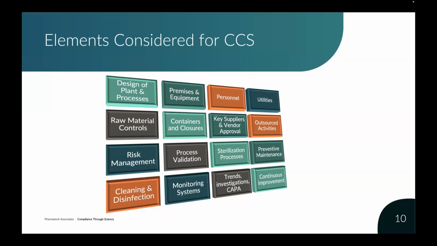Containers and closures. Key supplier and vendor approvals are very important. Do you have quality agreements in place with these particular suppliers? Outsourced activities such as sterilization: how do you ensure that when materials go out for sterilization and are returned, they're maintained in a sterile state?